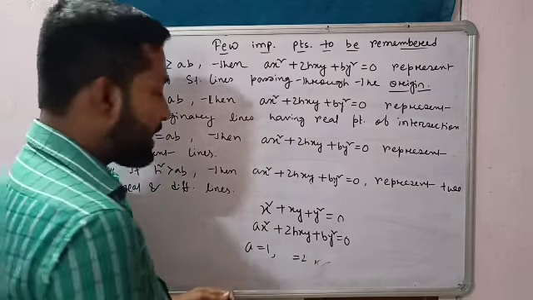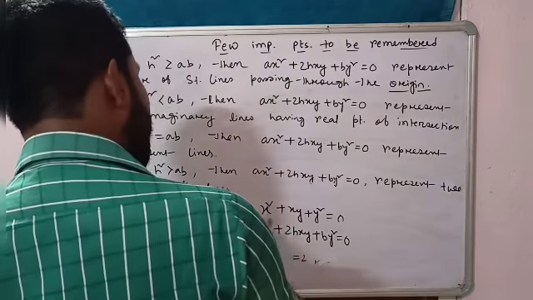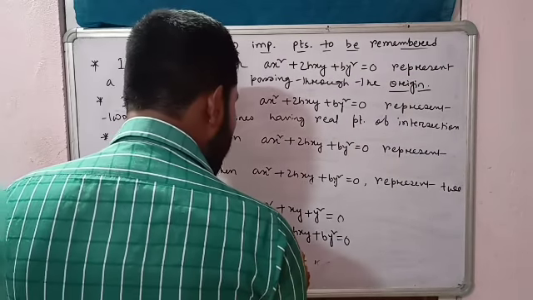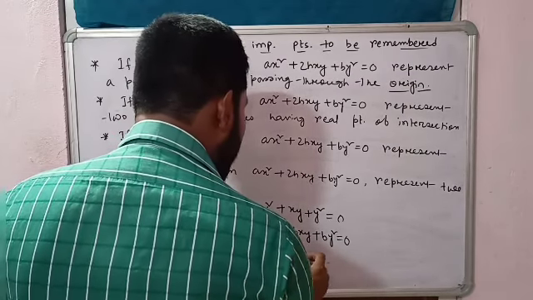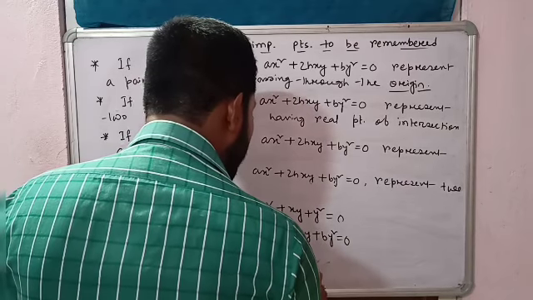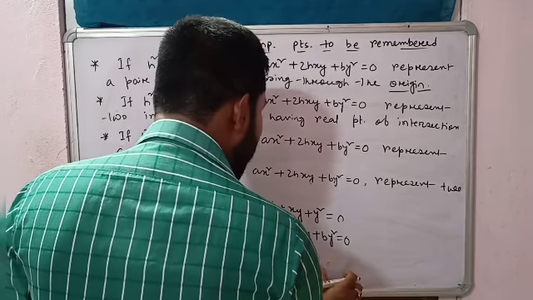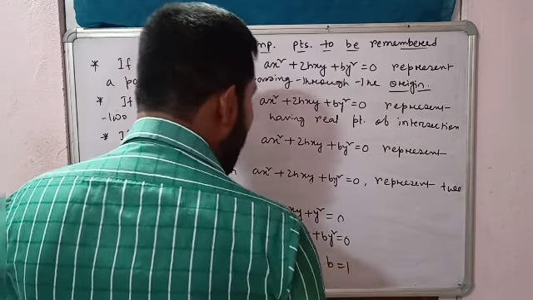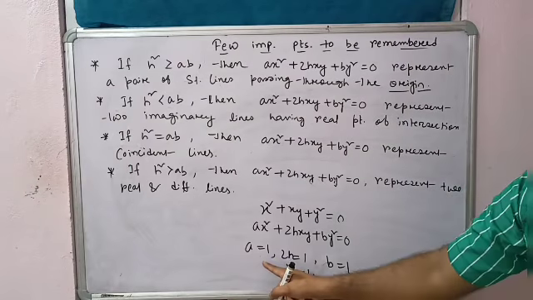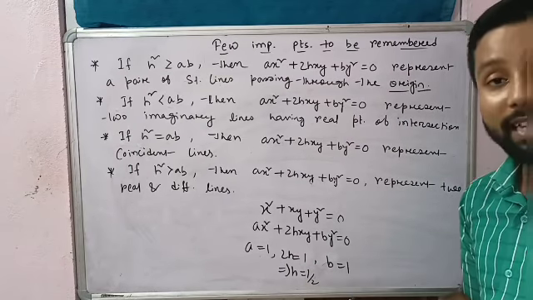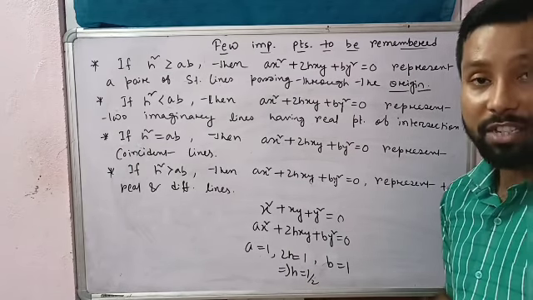If I check this one, a is 1, twice h का वैल्यू है 1, तो h का वैल्यू हो जाएगा half. h is equal to half, and the value of b is equal to 1, right? So we know the value of a, b and h. Like this you have to compare first of all. This is the first step.